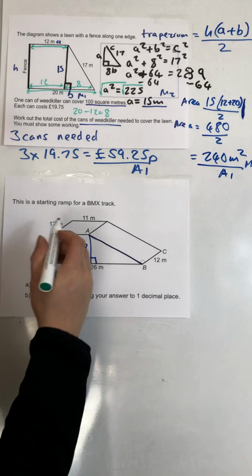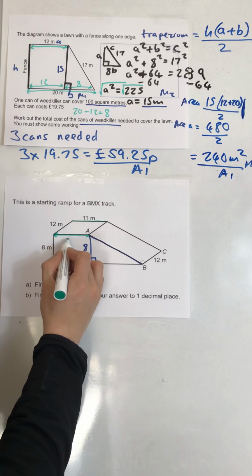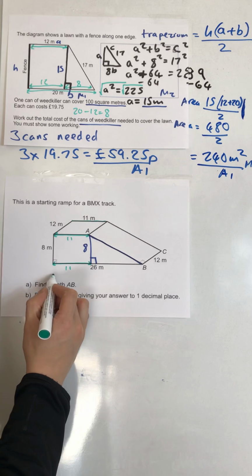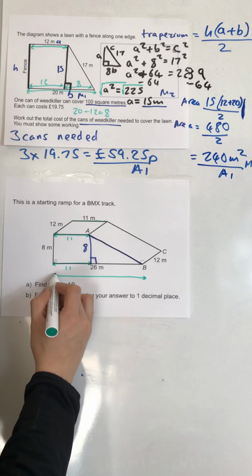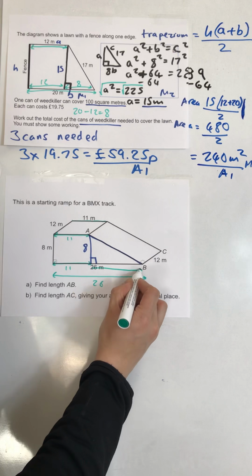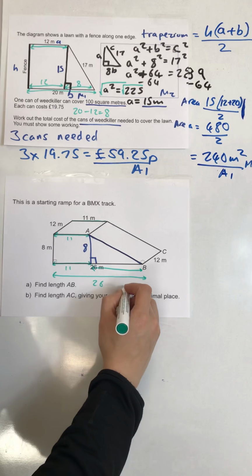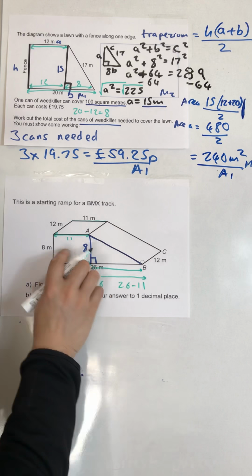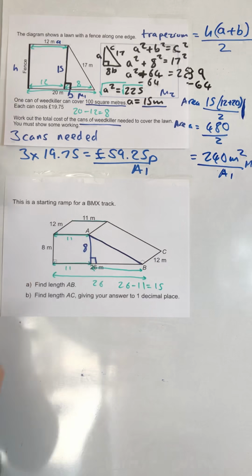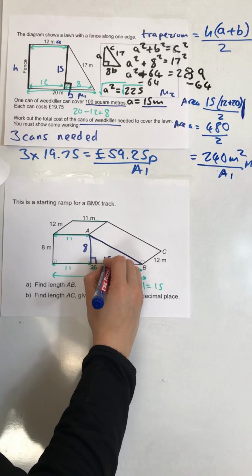Now we know that that's 11, so this must be 11, that must be 11, this whole length is 26, so this length here will be 26 minus the 11 here, which will equal 15. So we have this as 15.